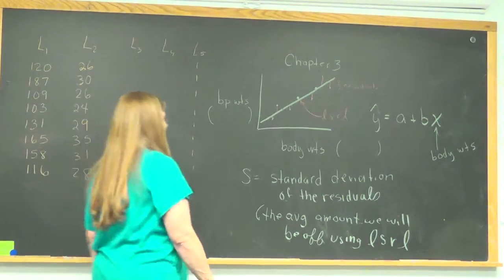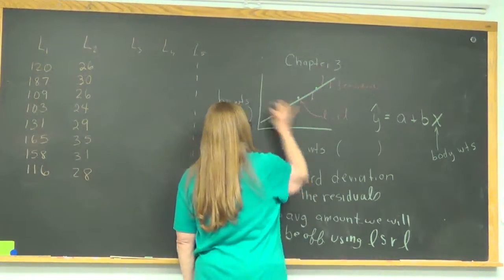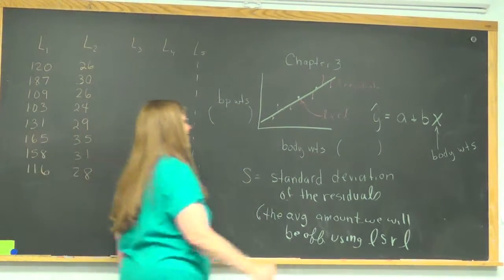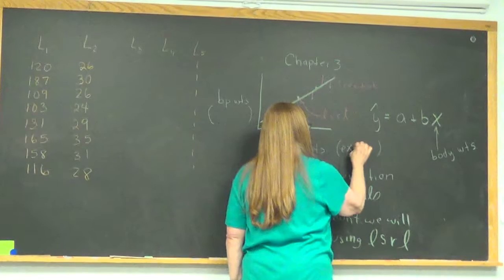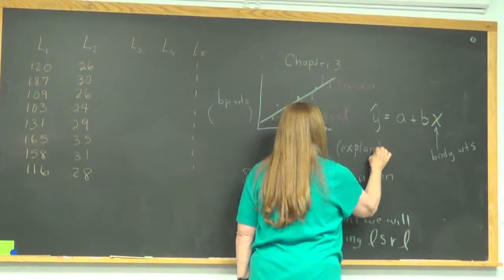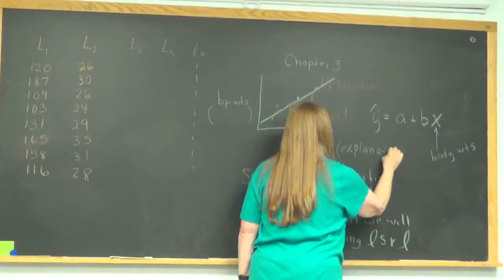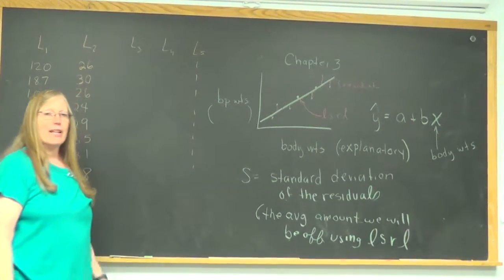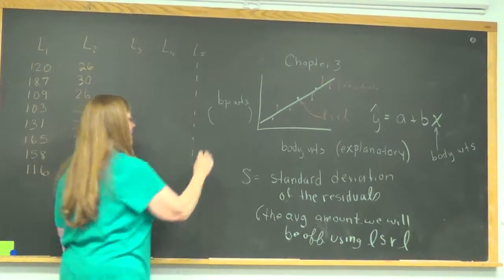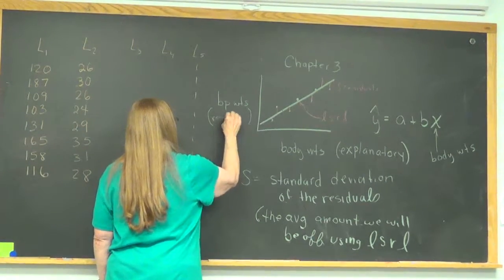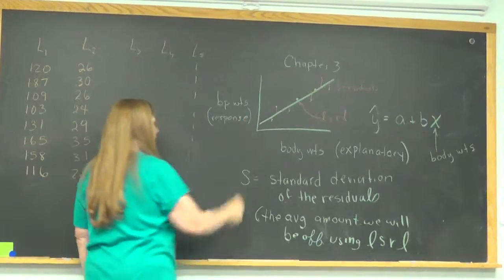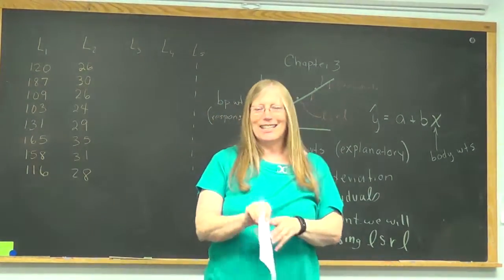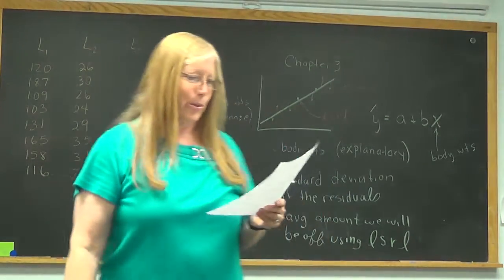X is the explanatory, X is body weights. Y is the backpack weights. Explanatory explains things about the response. And so I'll put that in for way of review as well. And we remembered it because the explanatory was on the X-axis, so some things do stick.